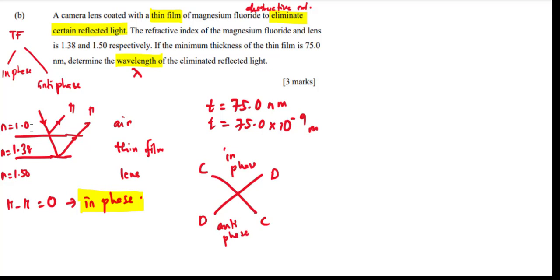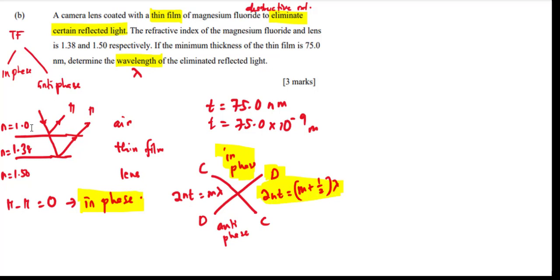For in phase destructive, 2nt equals (m plus half) lambda. For in phase constructive, 2nt equals m lambda. So for this case, you know that it is in phase and it is a destructive interference.